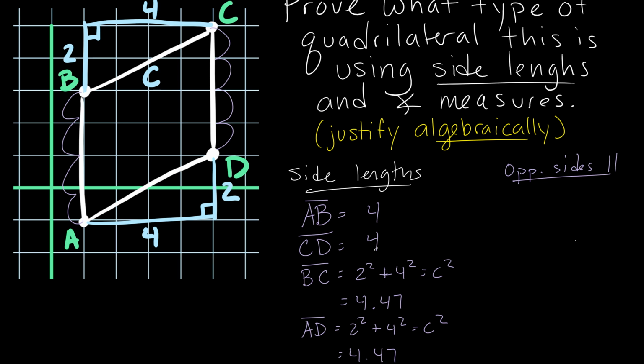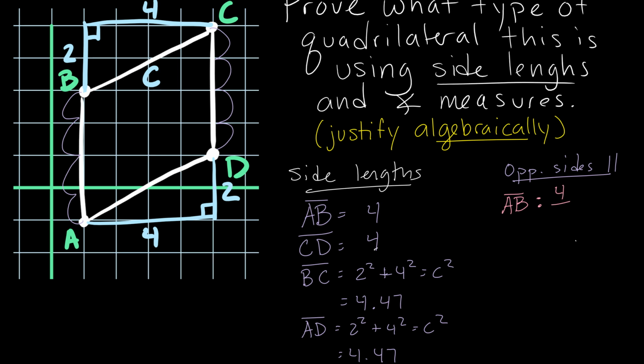So we have to show opposite sides are parallel. How do we do that? Yes? Oh my gosh. Well, all we need is the slope. We don't really need the y-intercept. So how do I find the slope of AB? Rise over run. Well, what's the rise? 4.